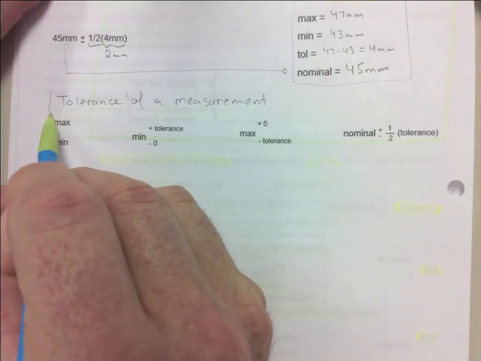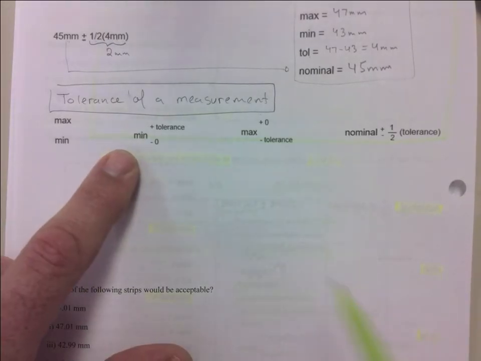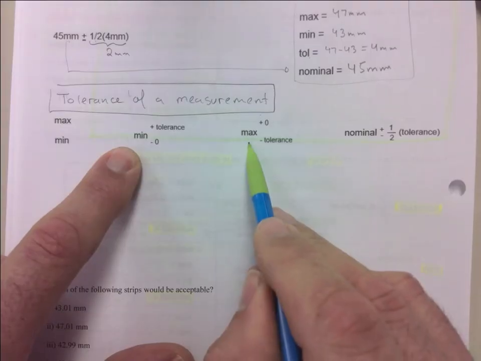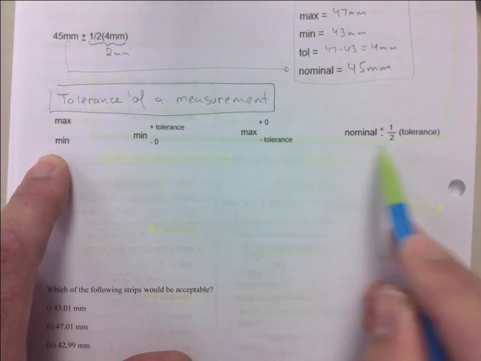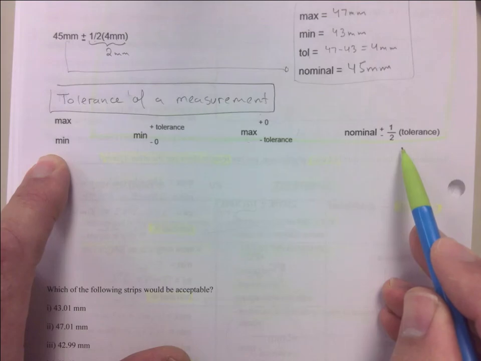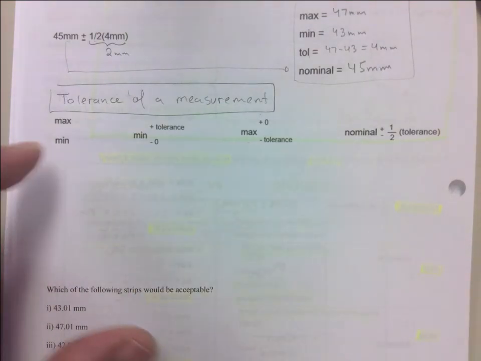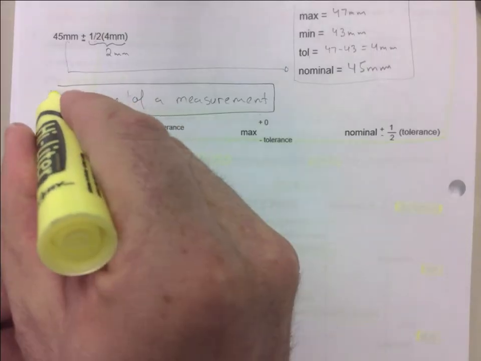You can have this as your heading on your study sheet. Tolerance of a measurement. If you want to, you can have all 4 written out like this just so you recognize them. But the key word is tolerance. As soon as you see tolerance, you're in this category. You're not in precision and uncertainty, guys. You are under tolerance. Okay?